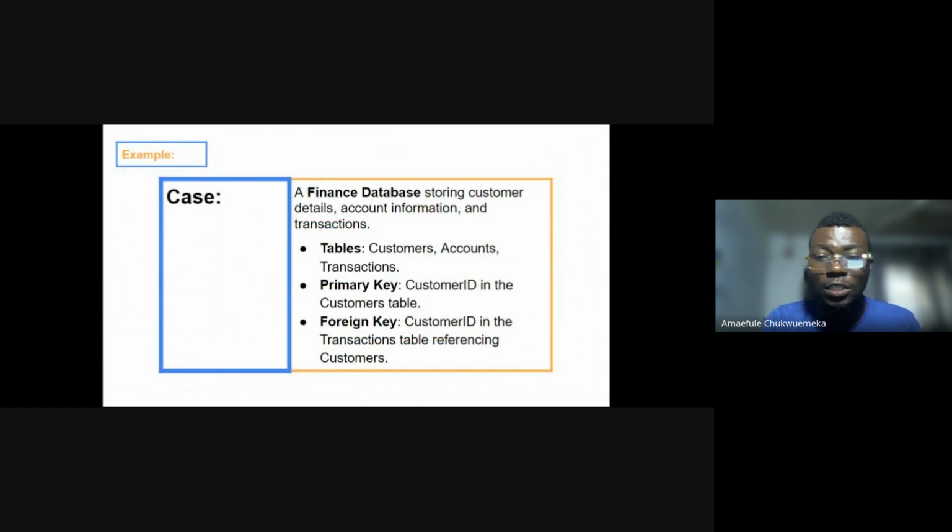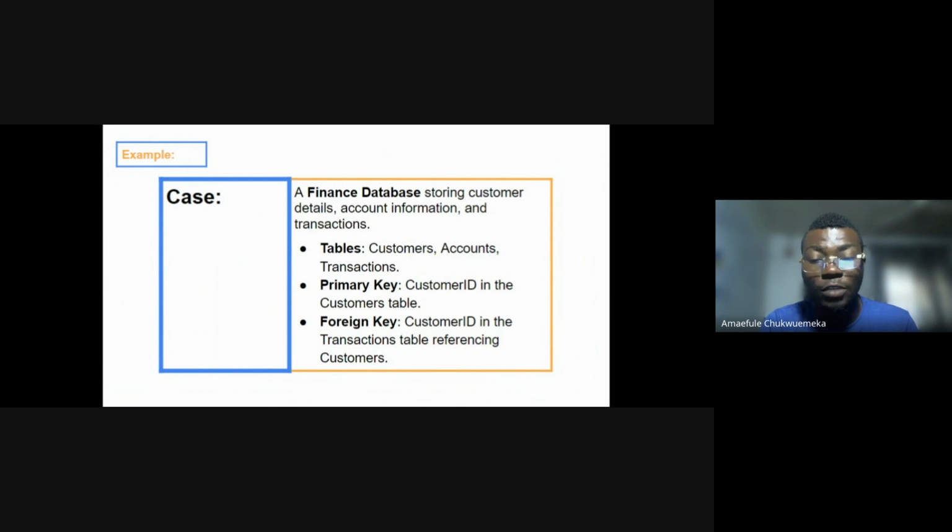Okay, so let's move on to talk about a case study. Now, imagine that you had a financial database where they store information like the customer details, the account information, and transactions that happen. So let's say, for example, three tables. The customer table will contain the name of the customer, the location of the customer, the job description, or the role of the customer, like what does he do.